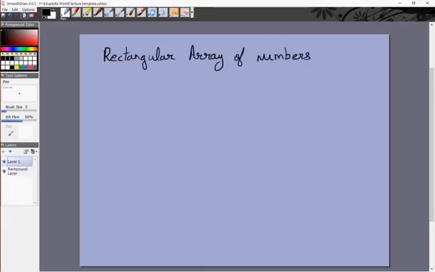It can be a rectangular array of other things as well, functions for example, but for our course we'll only take numbers. An array is basically a fancy word for a collection. We'll get to rectangular later. A matrix is a collection of many numbers, right?